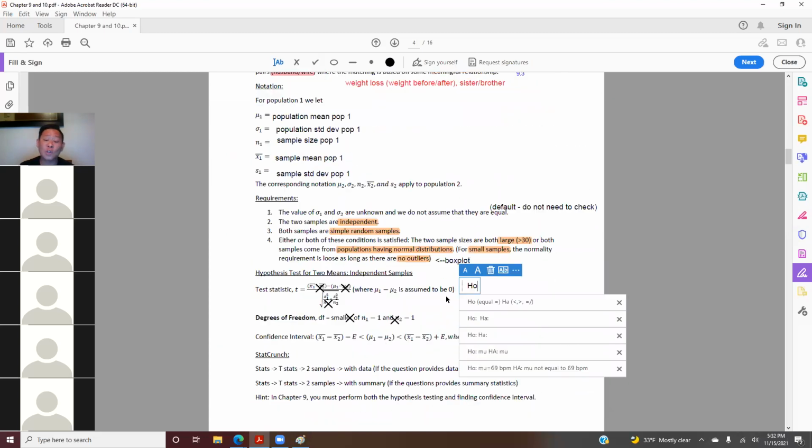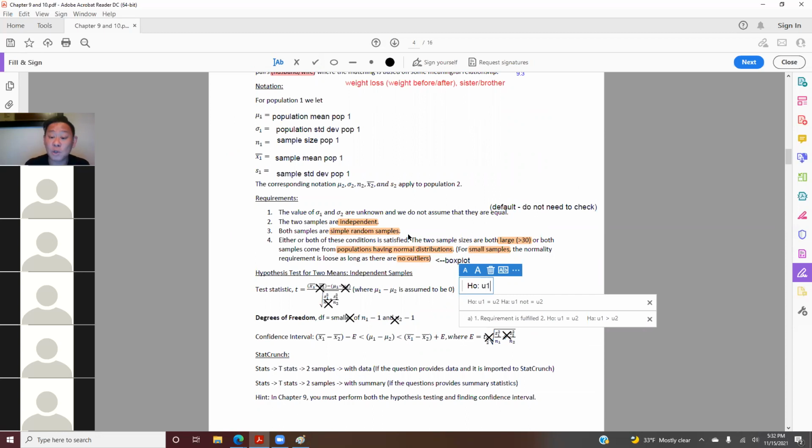In this case, we don't use p because p stands for proportion. So we will use mu here. So it's mu1 equals mu2, and the alternative H1 is mu1 is either less than, greater than, or not equal to mu2. So it's very similar to what you did in 9.1. Instead of using p, we use mu here, which stands for population mean, instead of proportion.